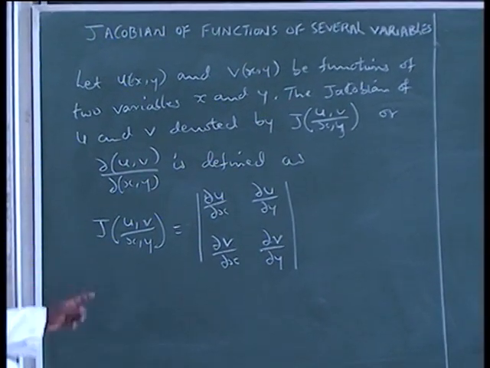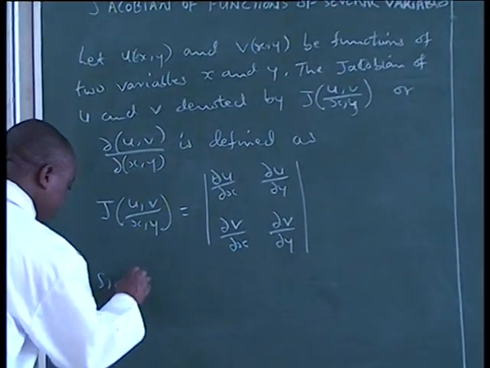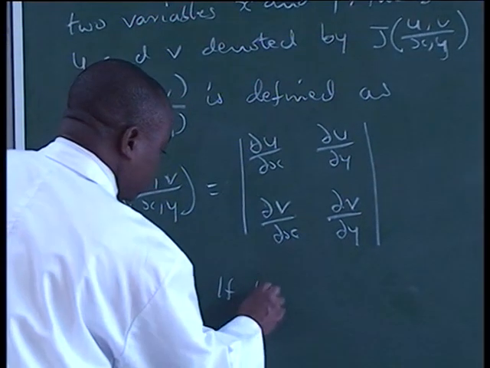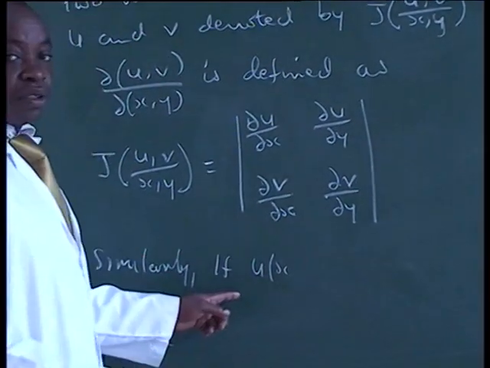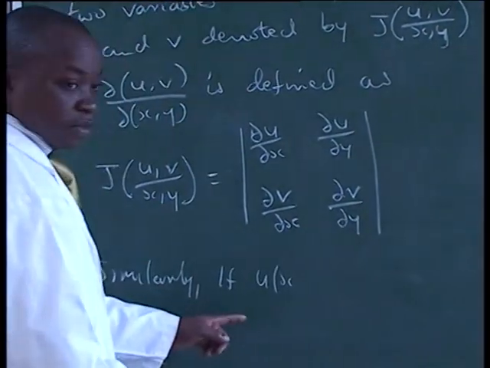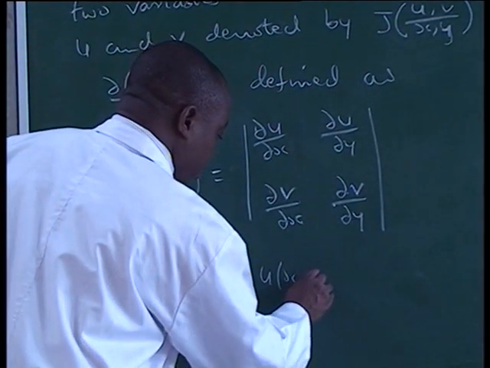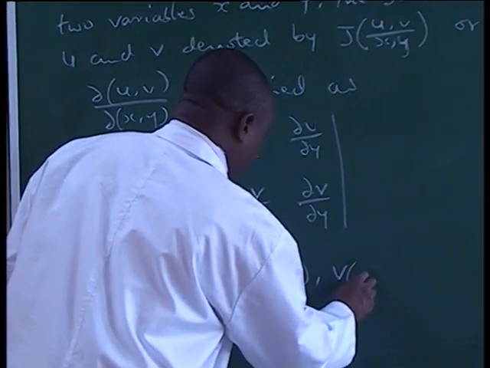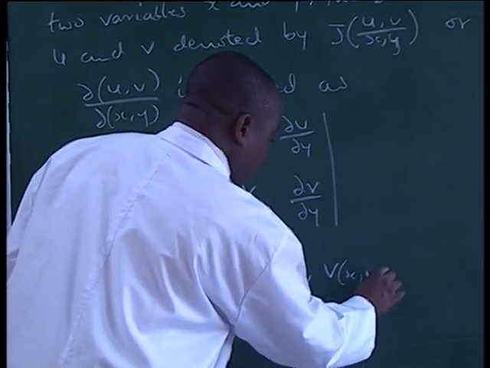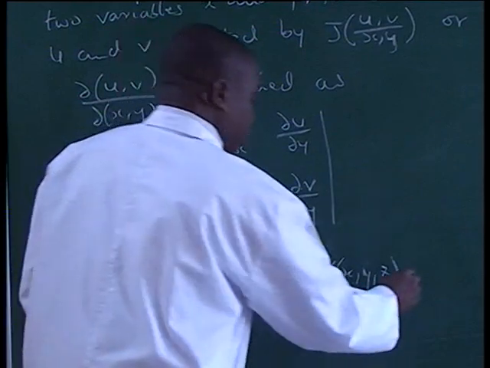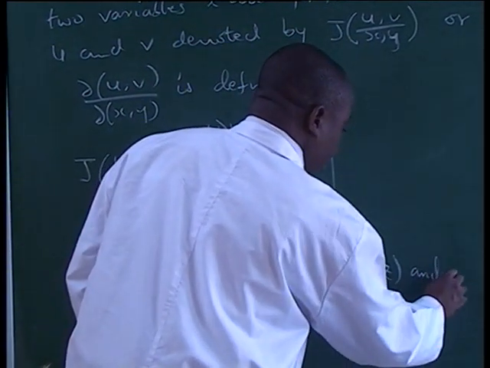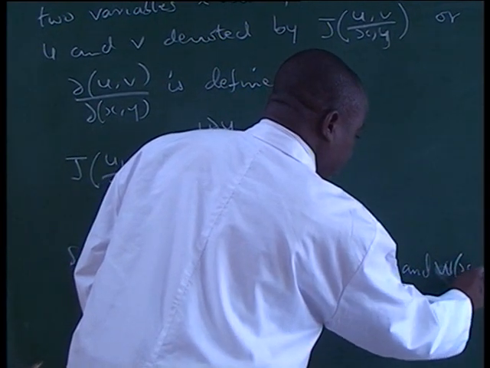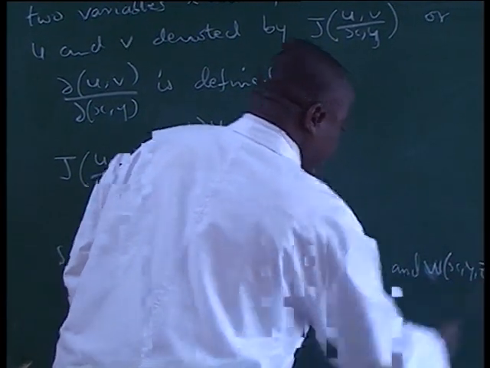So, similarly, if we have a function of this form, u of x, y, and z, then we also have v of x, y, and z, and we have w of x, y, and z.